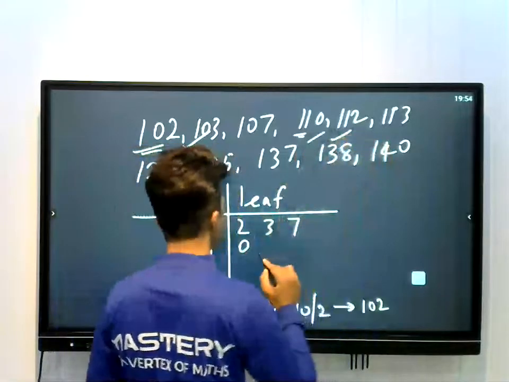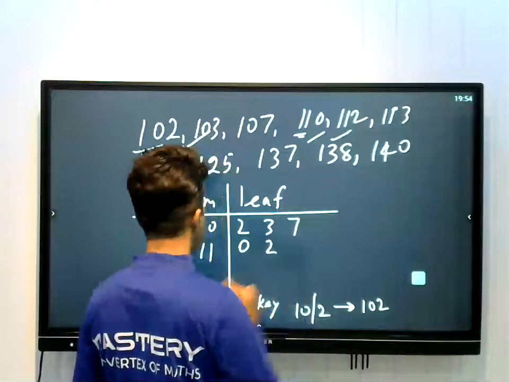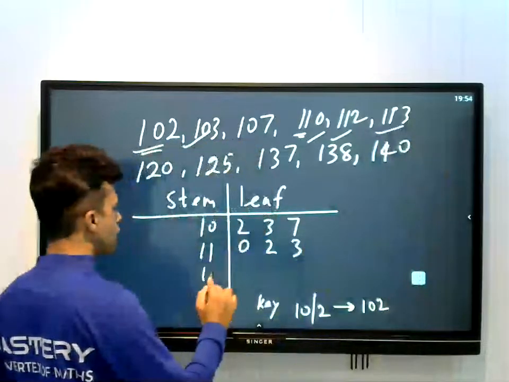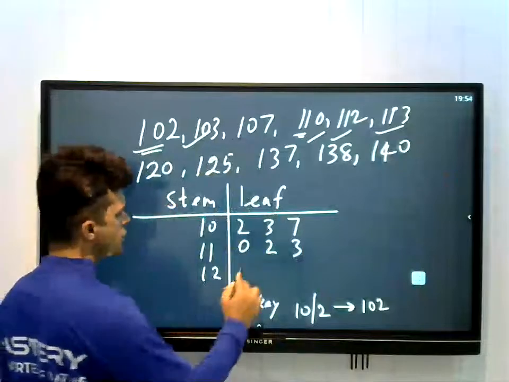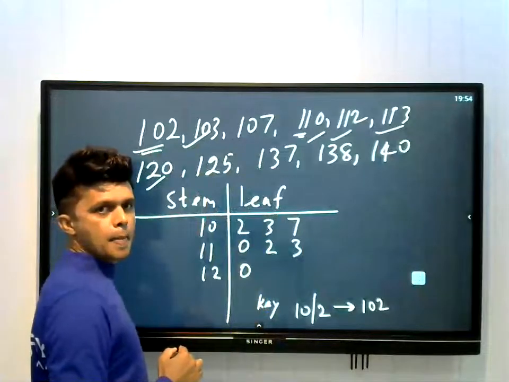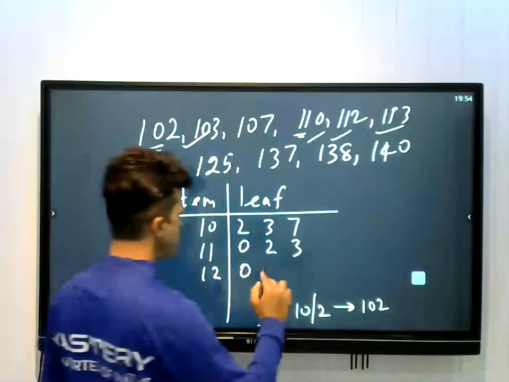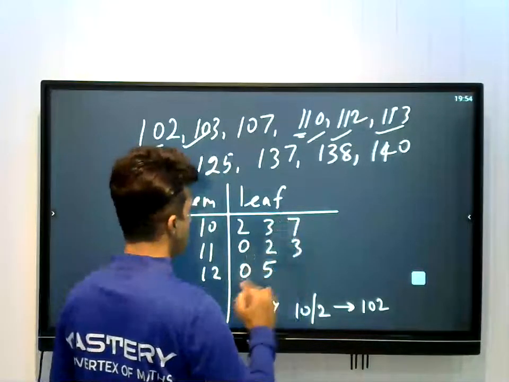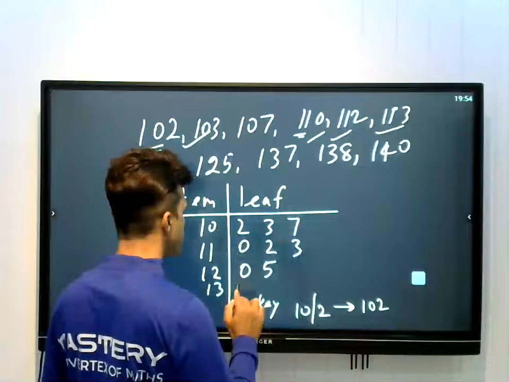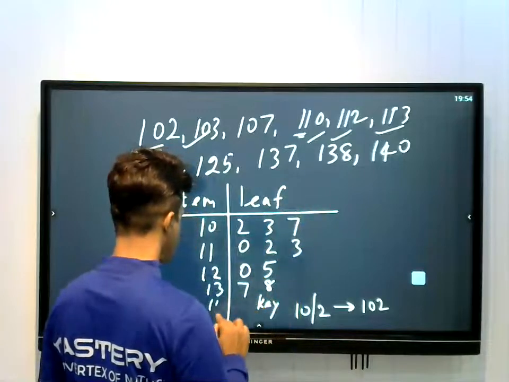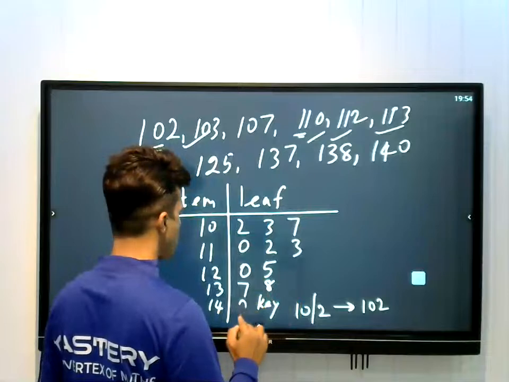After that, 112, then 113. Started from 12, so 120, then 125. Started from 13: 137, 138. And then after that, 140 started from 14.